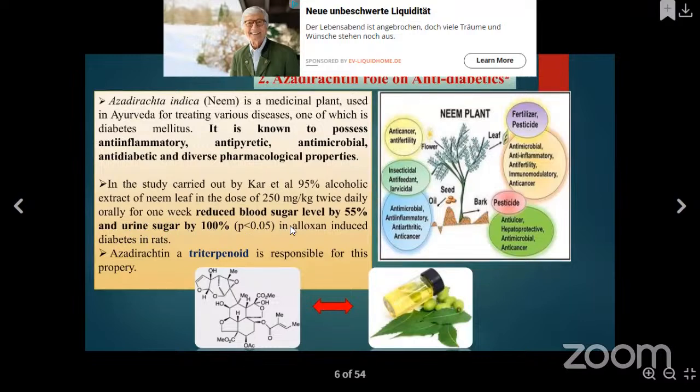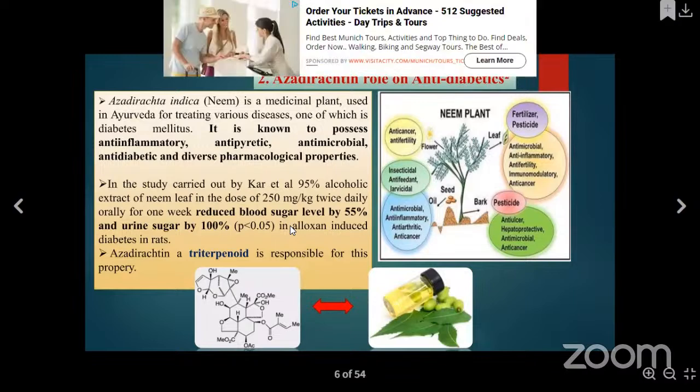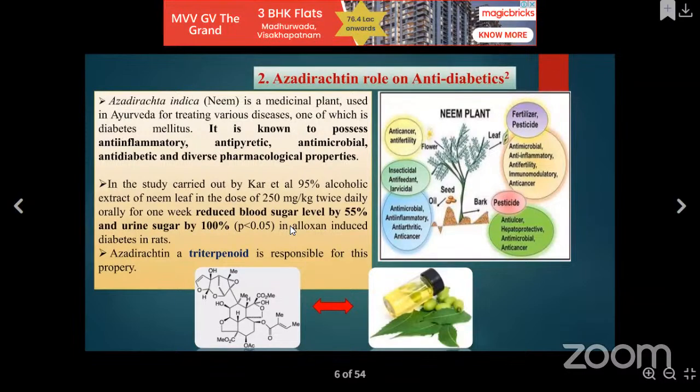So basically what happens in a diabetic condition, because of unavailability of insulin, whatever food you are taking, basically rice and wheat, what does it majorly contain? Carbohydrates, nothing but sugars, right?